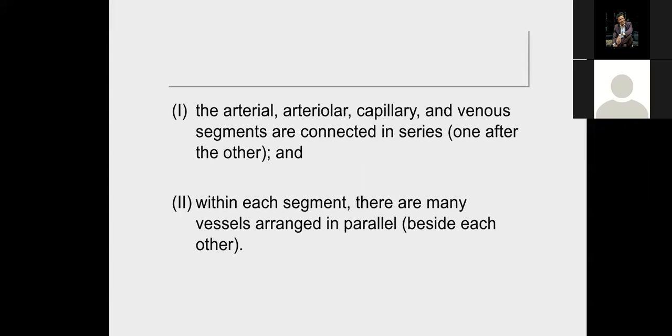Within each segment, there are many vessels arranged in a parallel. So the resistance between each compartment of the network is in parallel, but between all the compartments together, it's in series.